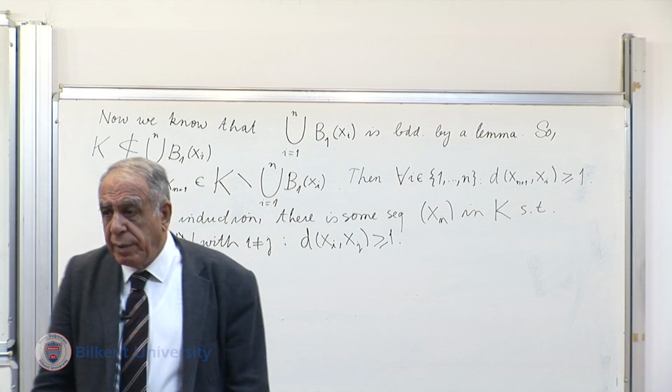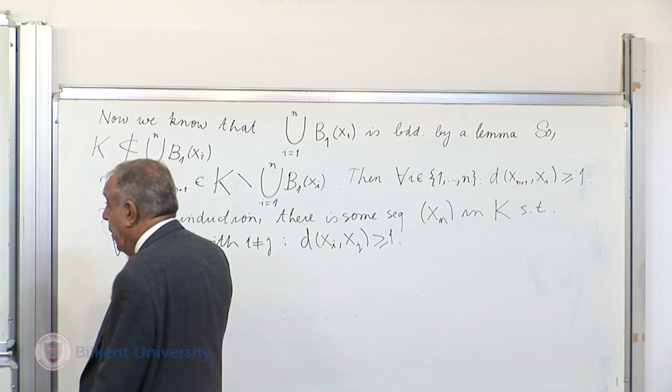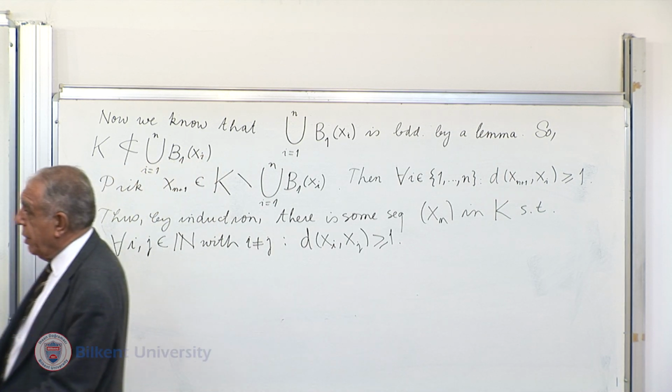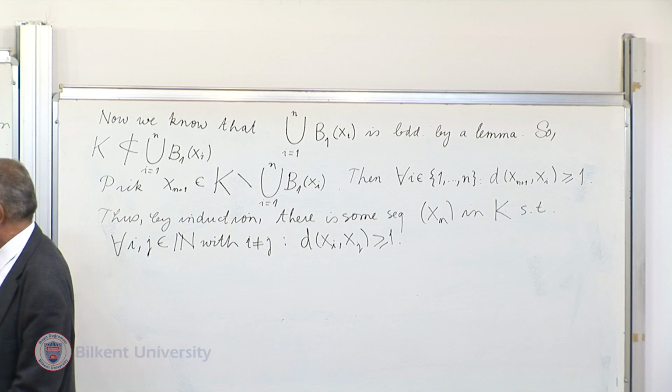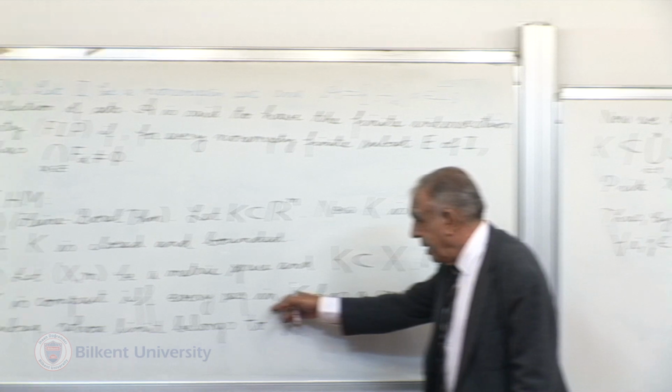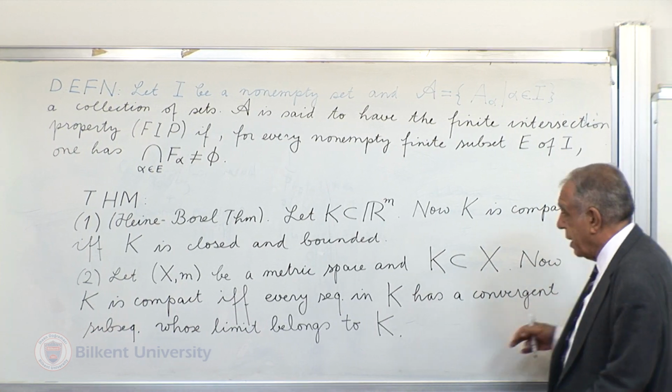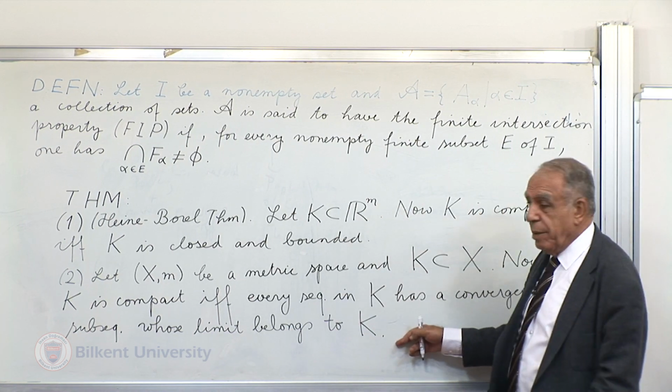Now, this sequence should actually contradict the condition in here. That is, that every sequence in K has a convergent subsequence whose limit belongs to K.